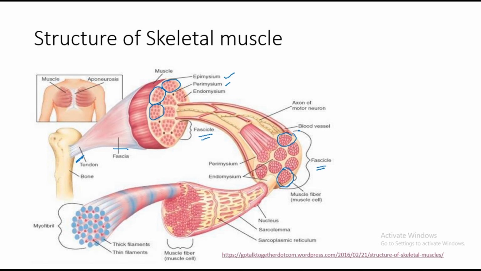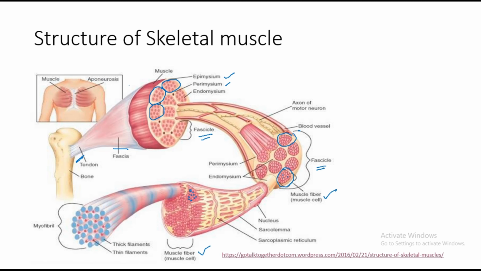Here we have a number of fascicles, with one fascicle highlighted. Fascicles have a number of muscle fibers. Within the muscle fibers we again have spots, which are small threads inside one muscle fiber.